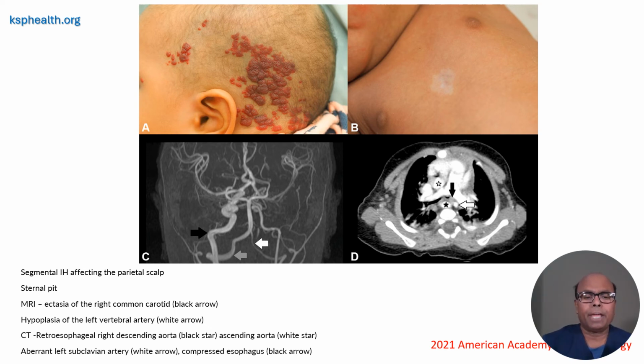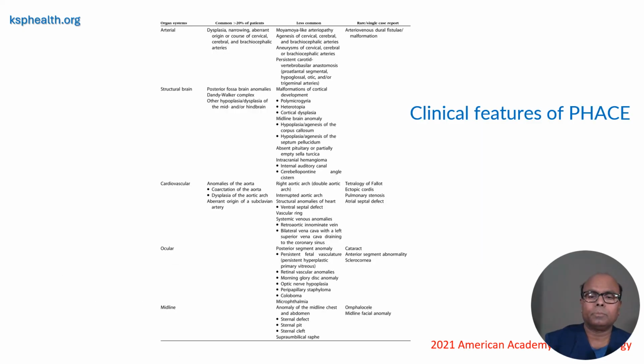Here, the CT scan showing retroesophageal right descending aorta, ascending aorta, and the compressed esophagus and aberrant left subclavian artery. These are the clinical features of PHACE.